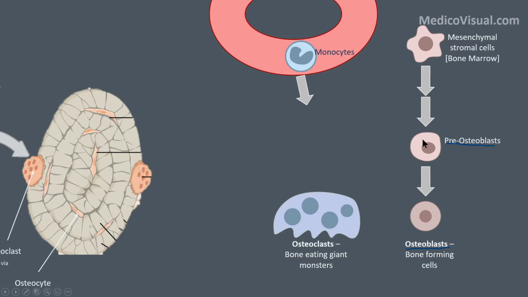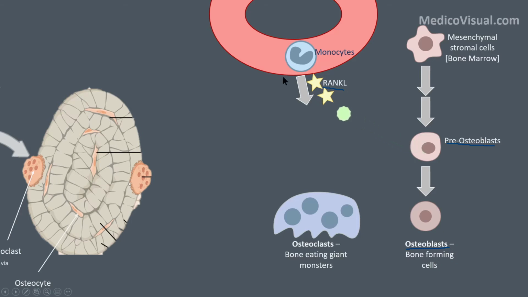They release chemical messengers, which order the monocytes to come out of circulation and form the osteoclast. One of these chemical messengers is RANK ligand, or RANKL.